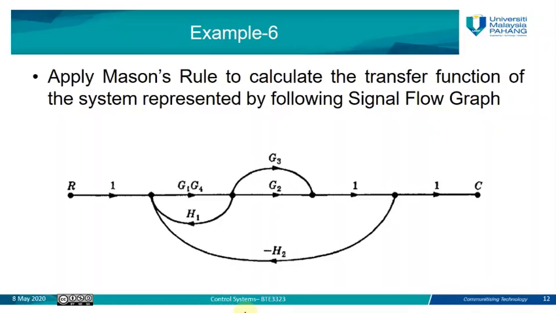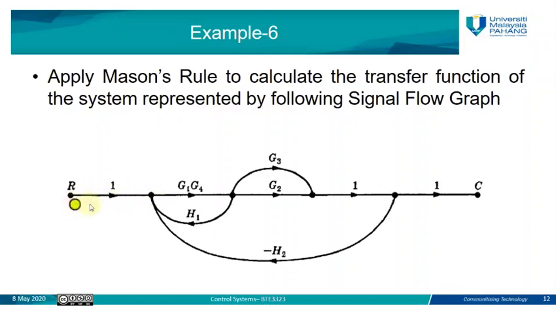Here we have the first example. The example says apply Mason's rule to calculate the transfer function of the system represented by the following signal flow graph. We said a signal flow graph always consists of nodes and branches. Nodes represent the signals, and branches represent the system.